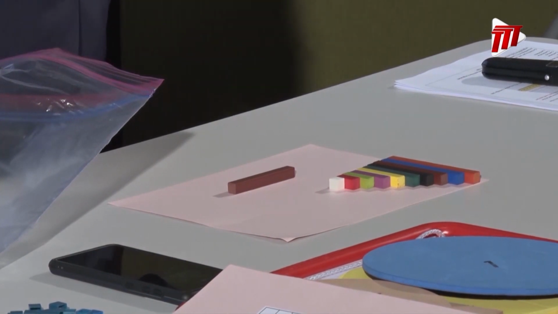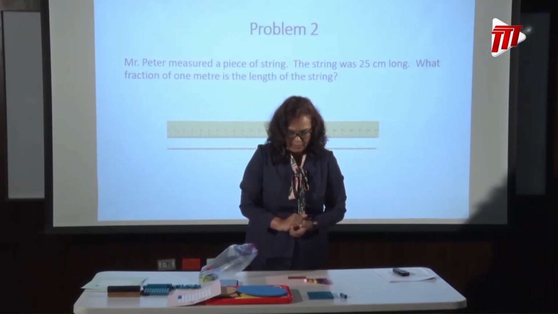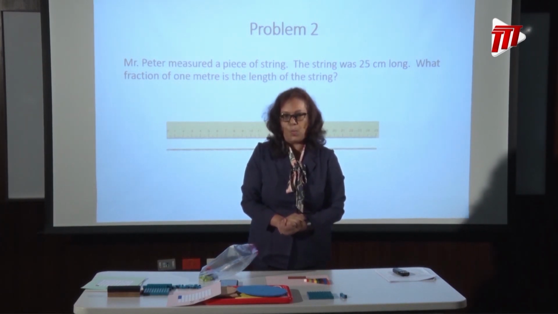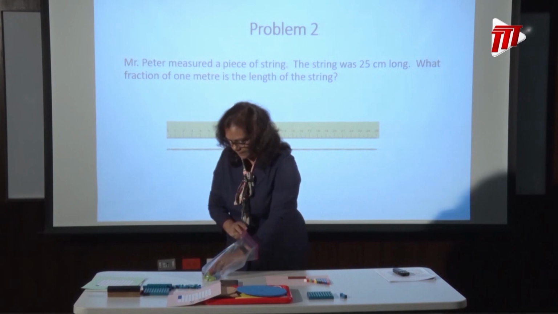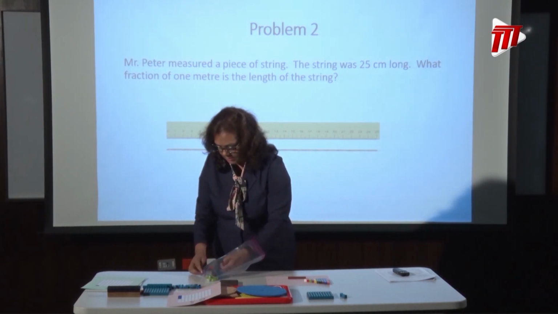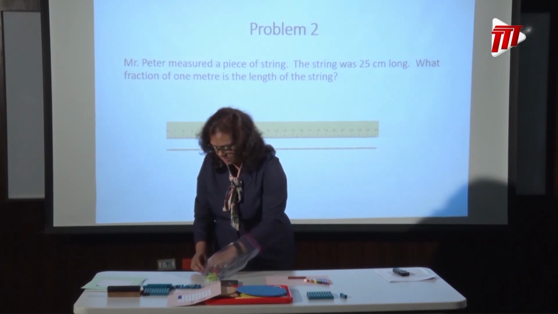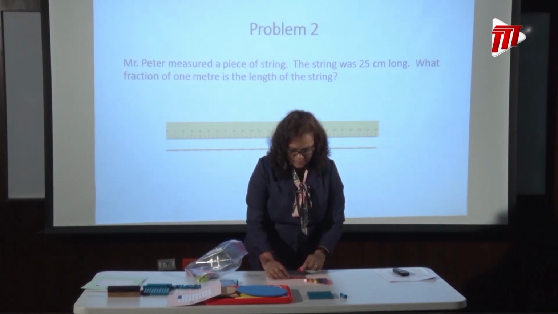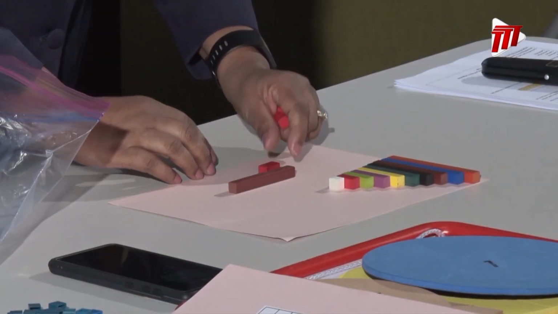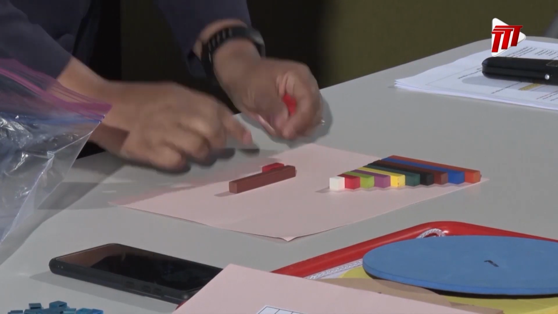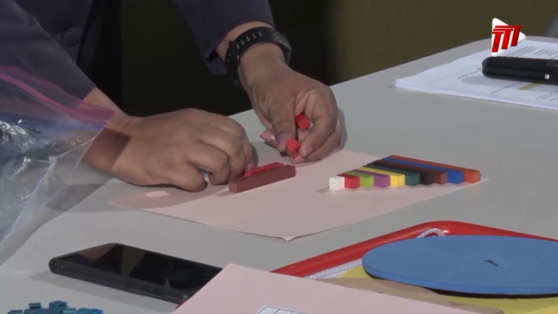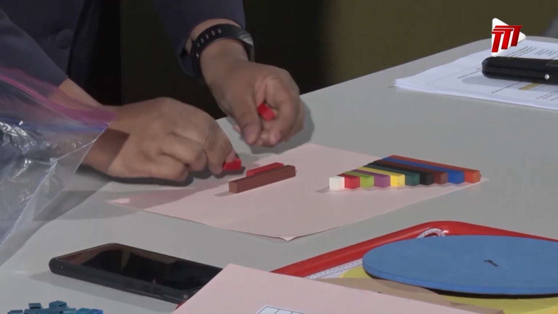Now, how many 25 centimeter pieces can I get in this whole meter? So I'm going to try to use some smaller ones. This one is representing 2 units. Let's see if it's going to fit.